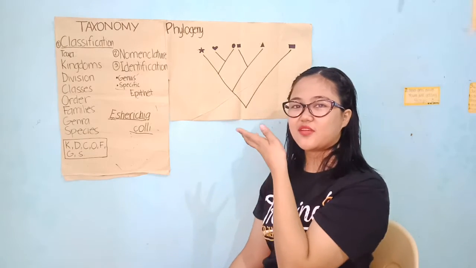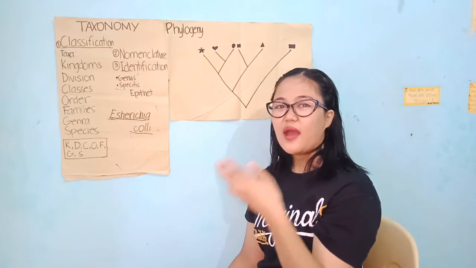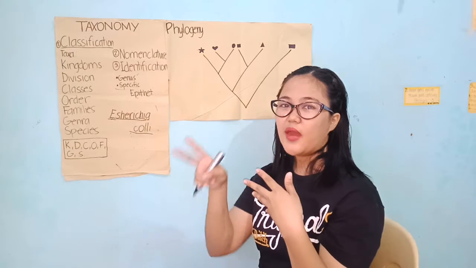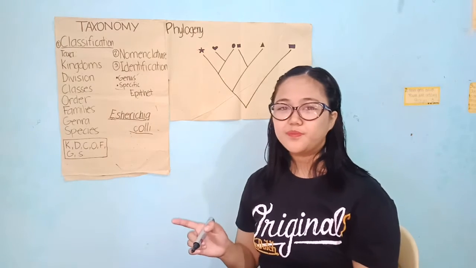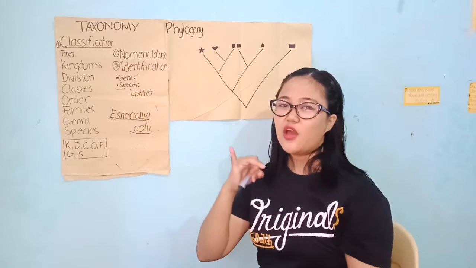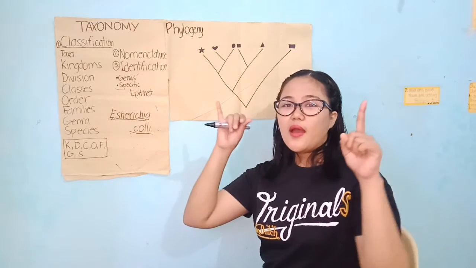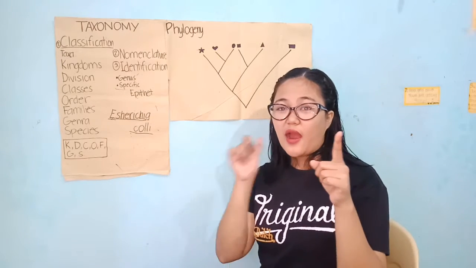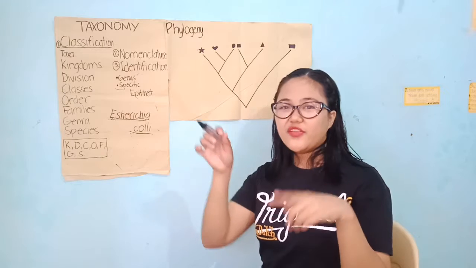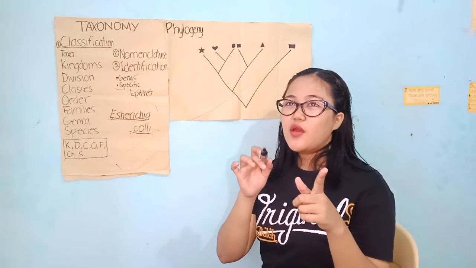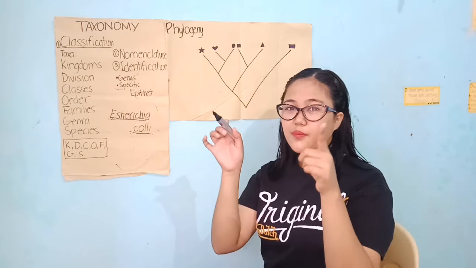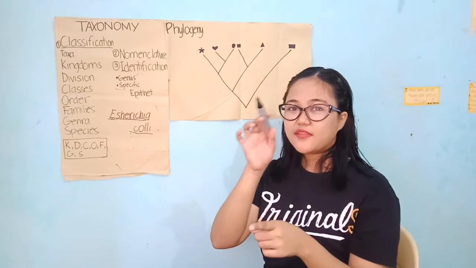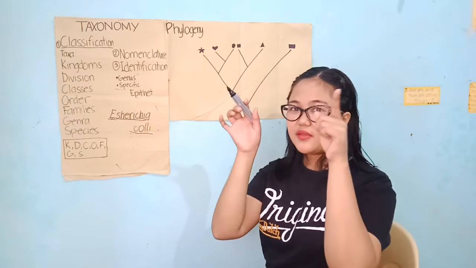I will just discuss how related the organisms are. For example, your mother and your father. How related are you to your mother and to your father? You are related because of the same root.